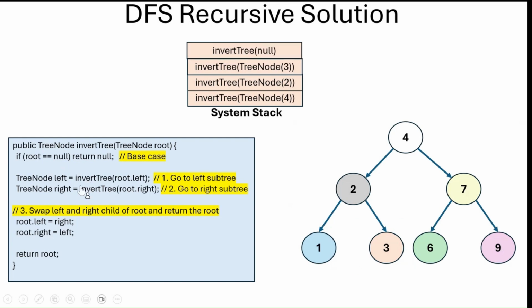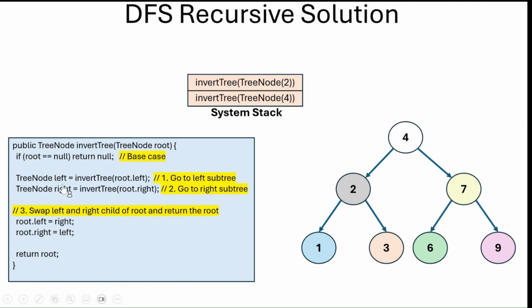On the right side also it is null, so the null will be stored into this right, and we'll come back to the invert tree function execution with node 3 as the root. We'll swap. Basically here left and right are null only, so there is no actual swap, and we'll return node 3 from that invert tree function execution with tree node 3 as the root.